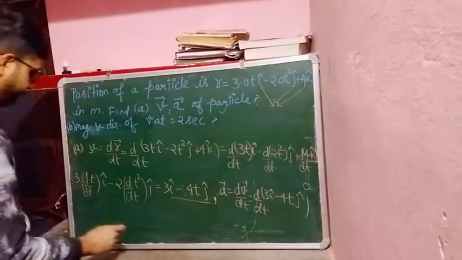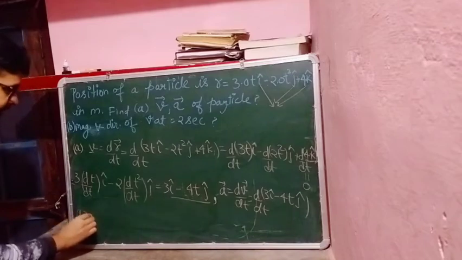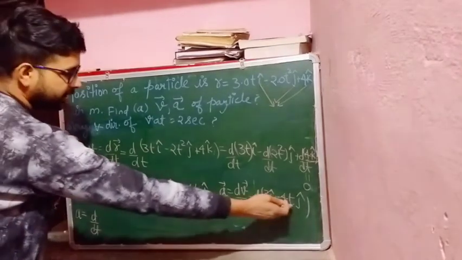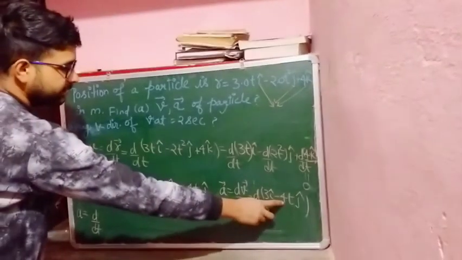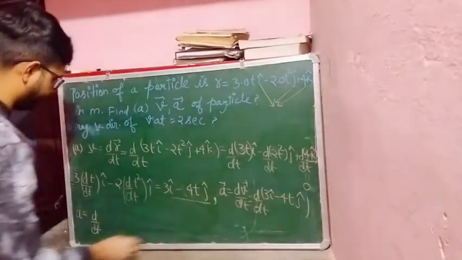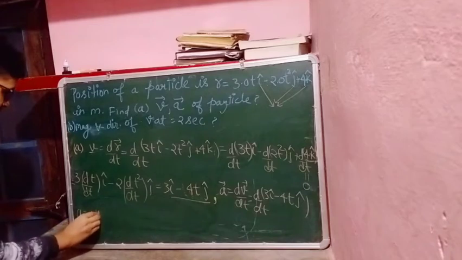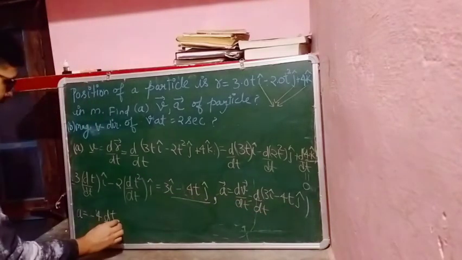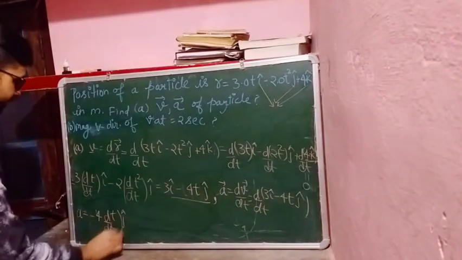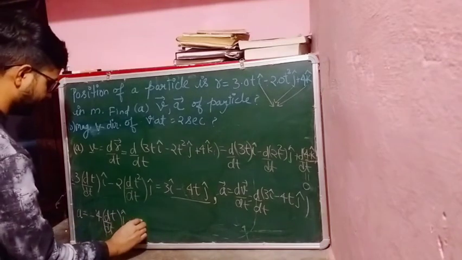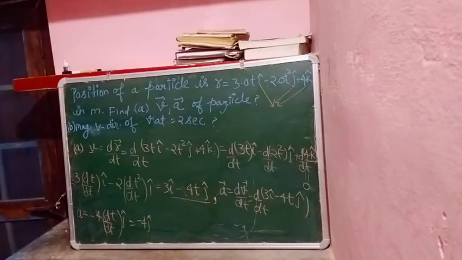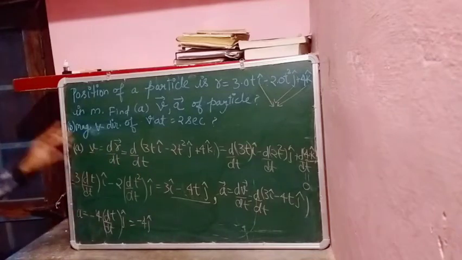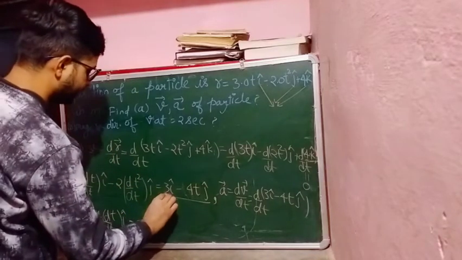Minus 4 is a constant which comes outside, and inside is d over dt of t only, which is 1, and j cap stays as it is, representing the direction. So the acceleration is minus 4 j cap.